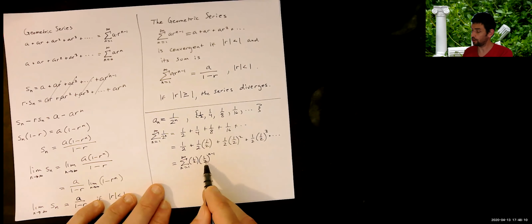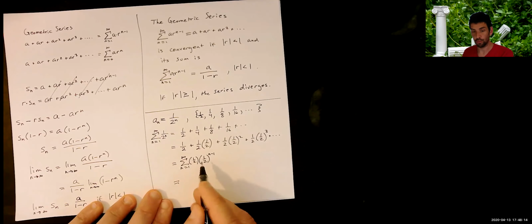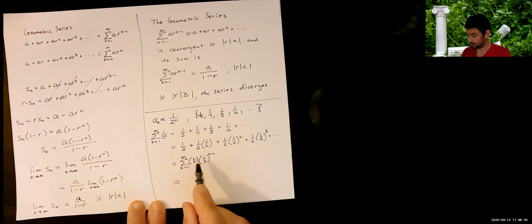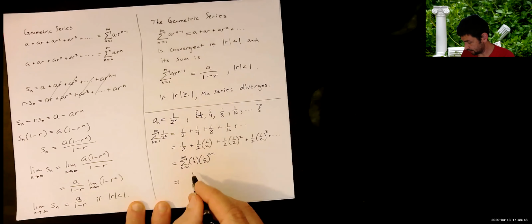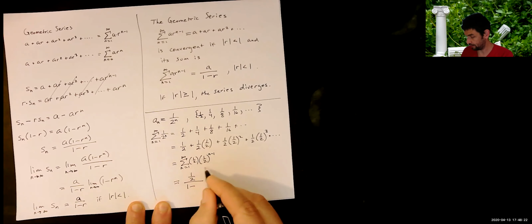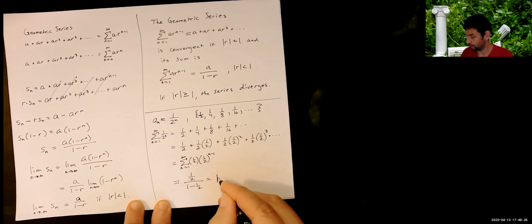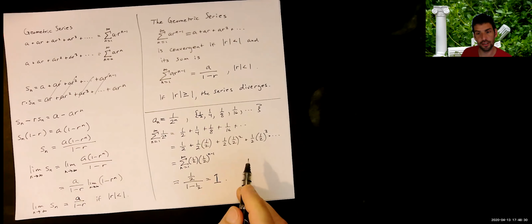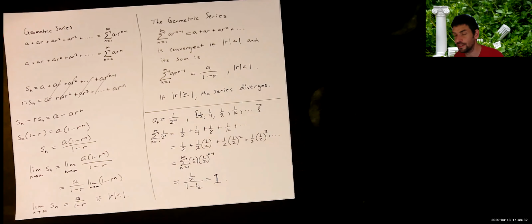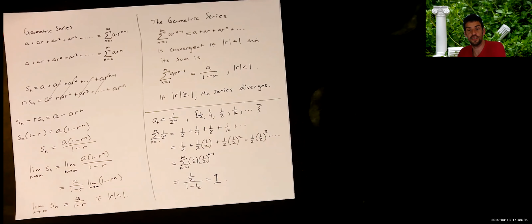And since R is between -1 and 1, we know immediately what the sum of this is. It's the constant term A divided by 1 minus the ratio 1/2, which gives me 1/2 over 1/2, or 1. We had looked at this earlier and decided that this seemed like the right sum for this series. So now we've seen it in a different context, how we can get to that sum.